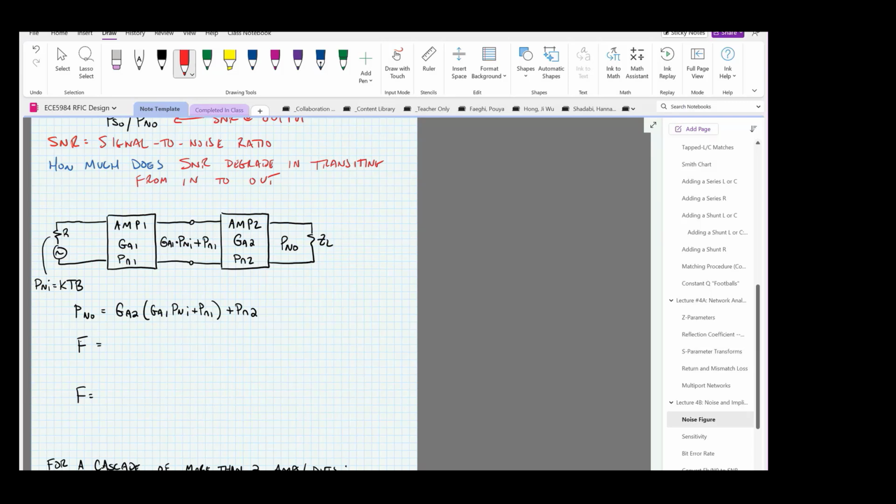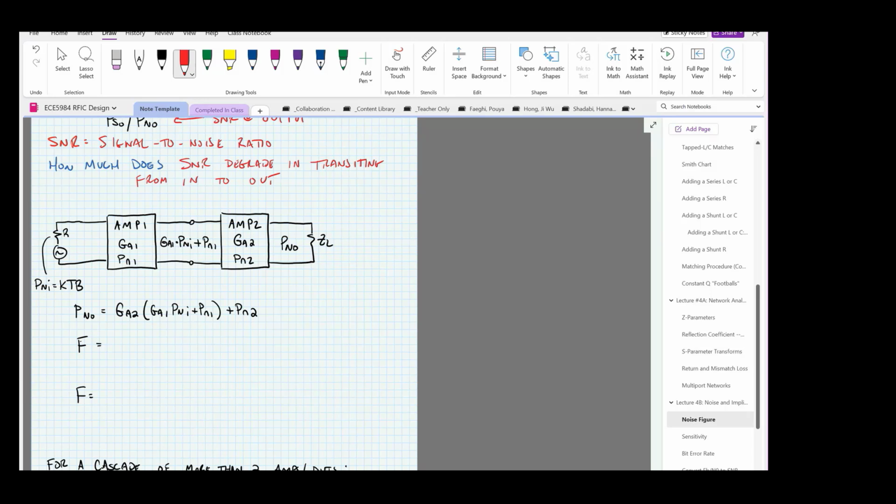Now, we can cascade noise in systems as well. So for instance, let's say I have an amplifier that has some noise and it's cascaded into a second amplifier that also has noise. This is fairly common. We can't get enough gain with one amplifier, so we add 2 amplifiers in our system. Let's see what the impact of that is on the noise figure. Well, we can go through just by putting some noise signal at the input.